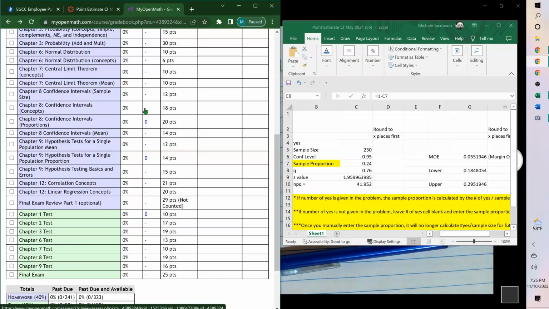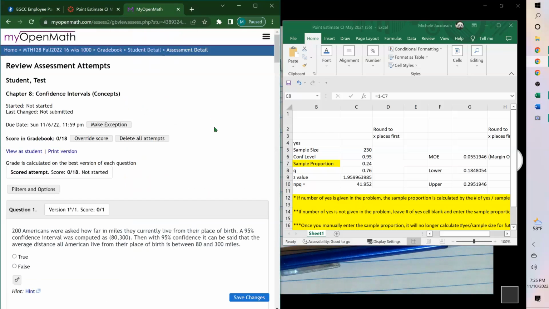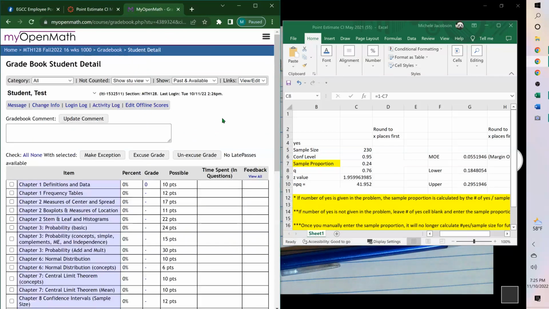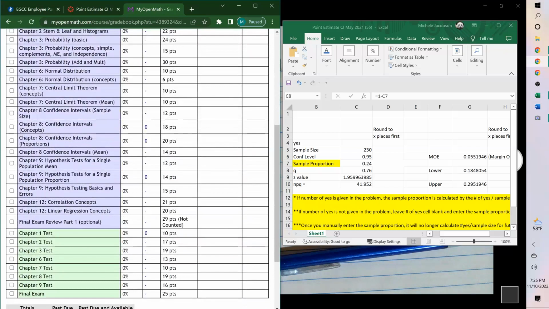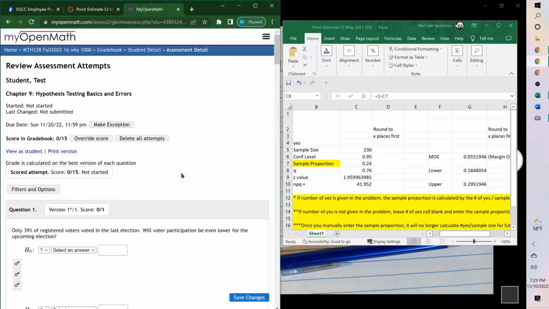Maybe it's under concepts. Did anyone else? Which one was it? I'm not finding errors. Oh, it's chapter 9, that's why. Okay.